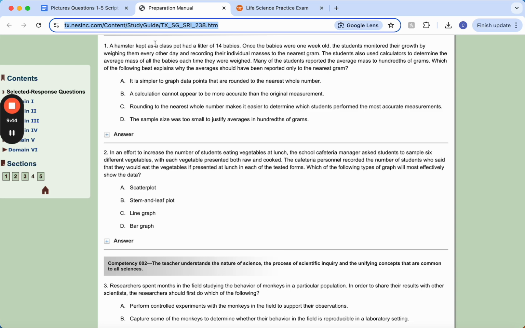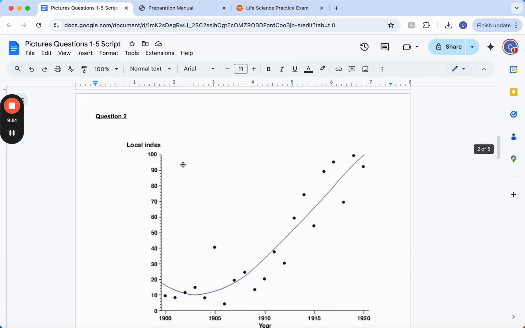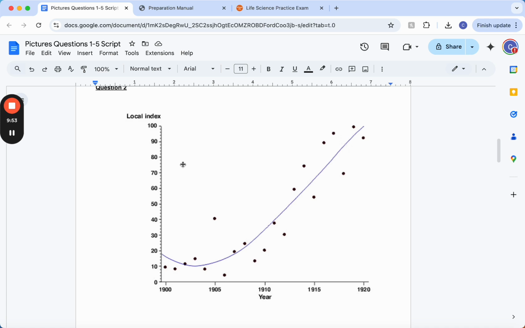So let's go back and refresh what each of these looks like. So I'm going to scroll down here now to my next picture. All right, so this right here is a picture of a scatter plot. So basically what you do is you plot all of your data. You can see it's scattered, and then you're going to draw a line through all of those that shows the general trend here.